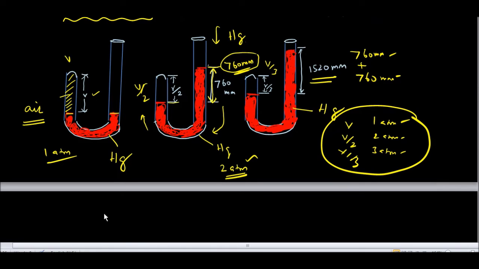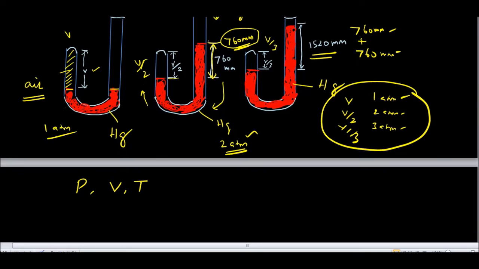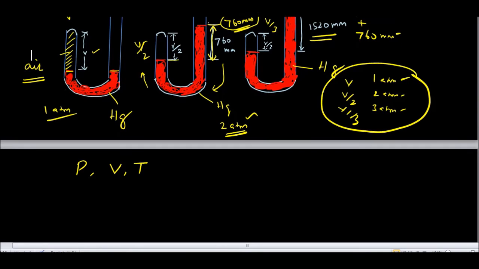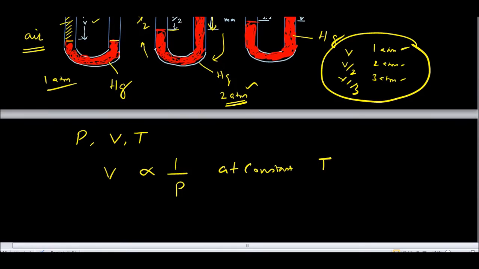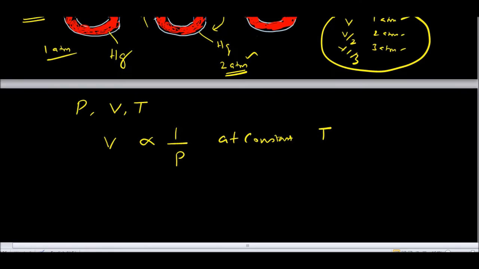So these are the three quantities we should consider: pressure, volume, temperature. Boyle's law says that at constant temperature, when the temperature is not varying, the volume of a gas is inversely proportional to pressure. So it's very easy to understand this particular case.